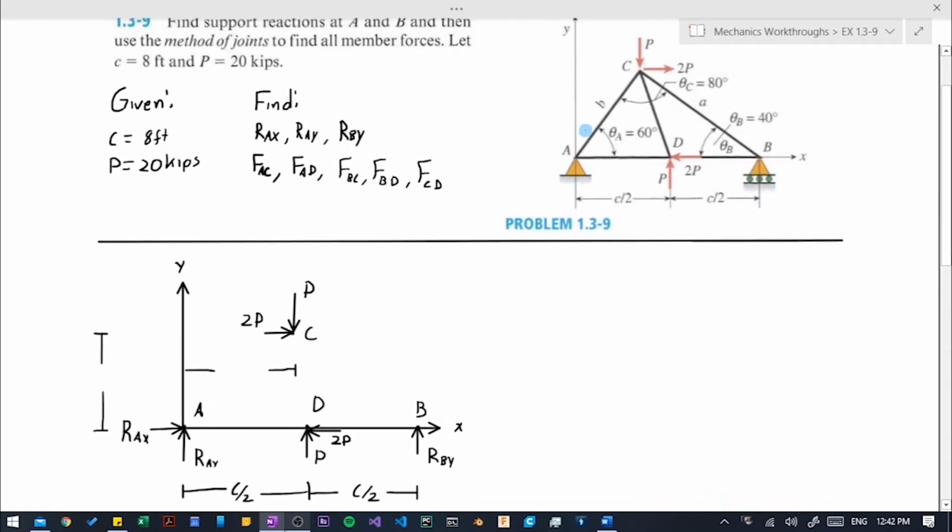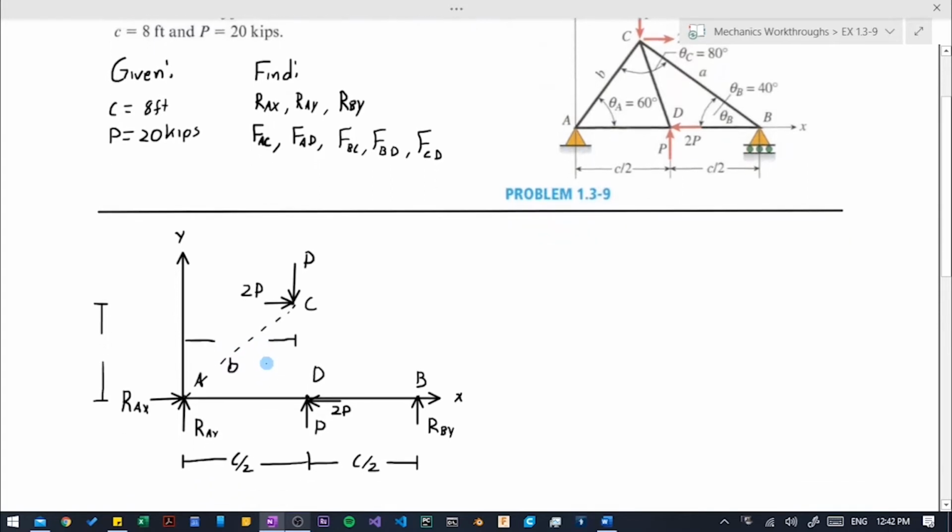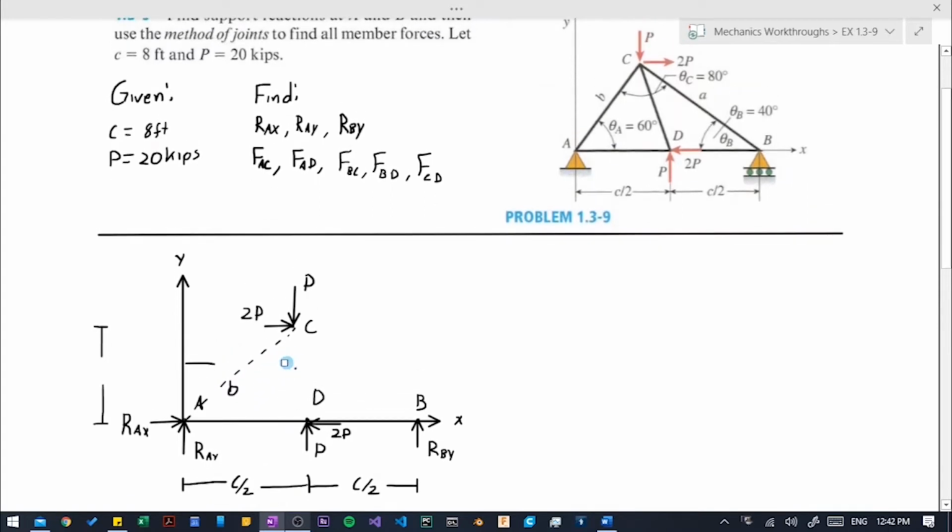And so if we look at our structure over here, we can see that this member is labeled as B. And so I am going to call this distance between A and C, B. And so I'm going to move this up here.